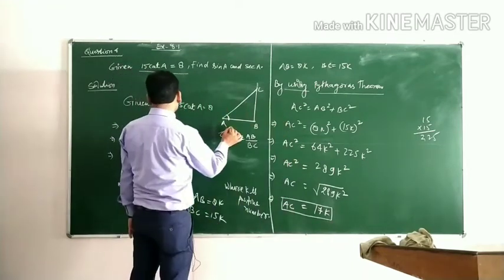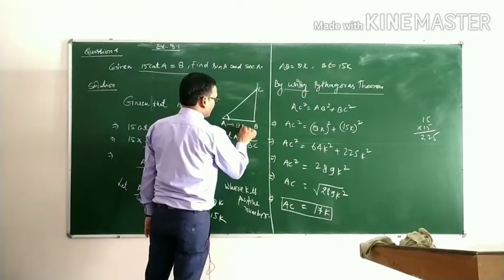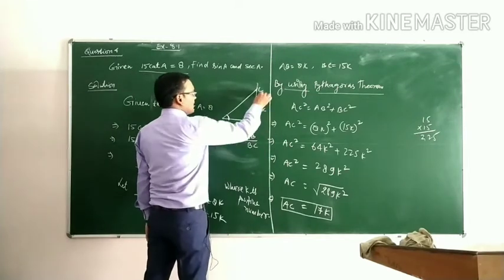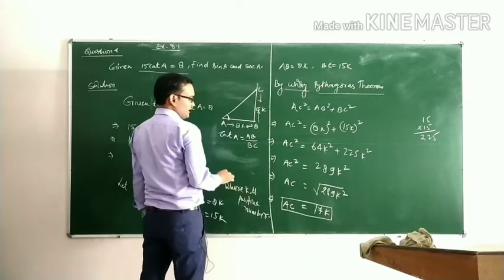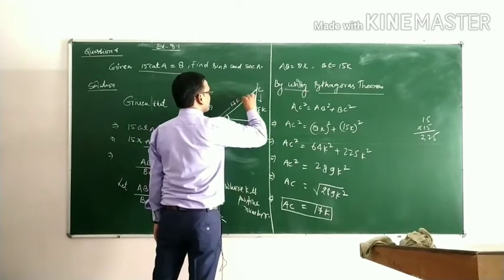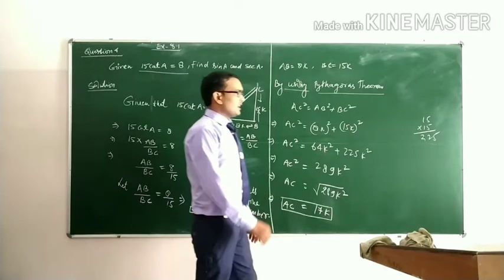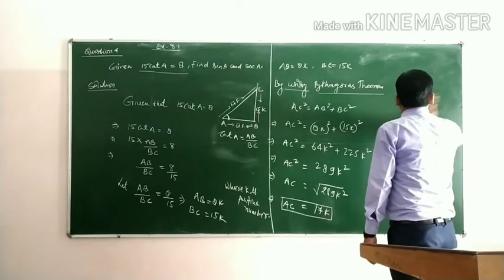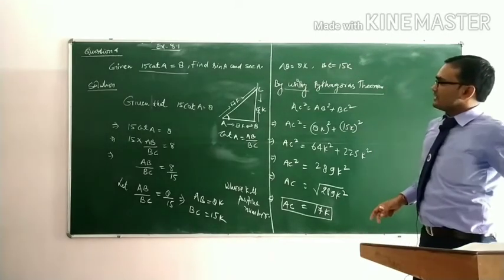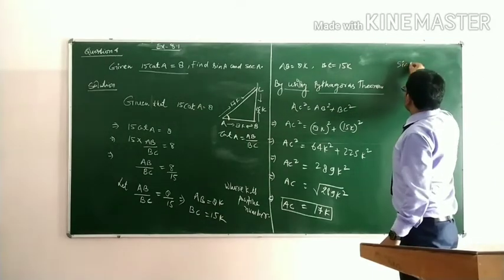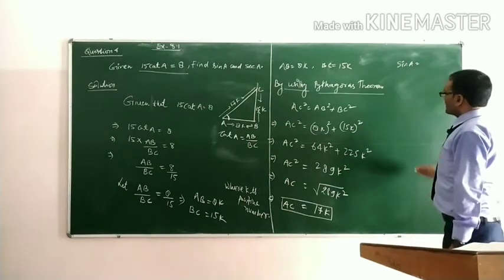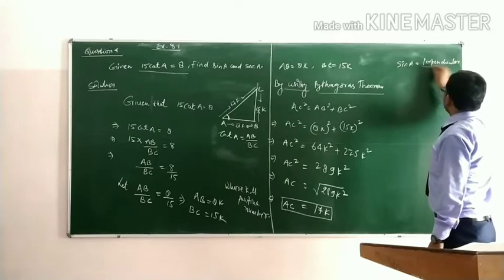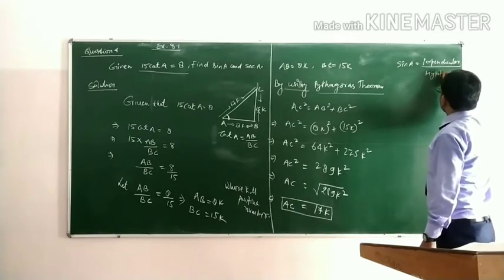Here AB equal to 8K, BC equal to 15K and AC equal to 17K. We can find all trigonometric ratios. Here in this question we find sin A equal to perpendicular side upon hypotenuse.